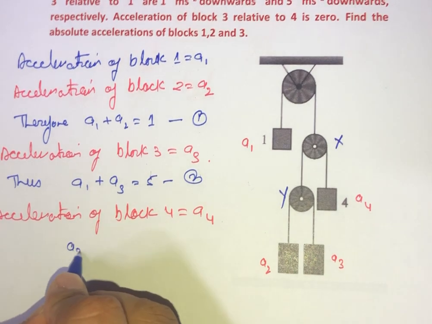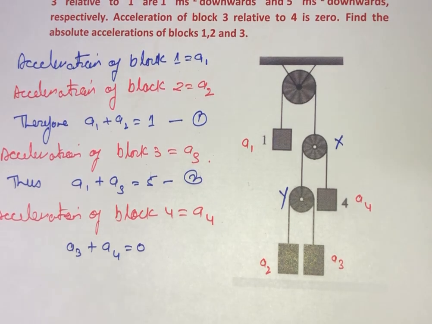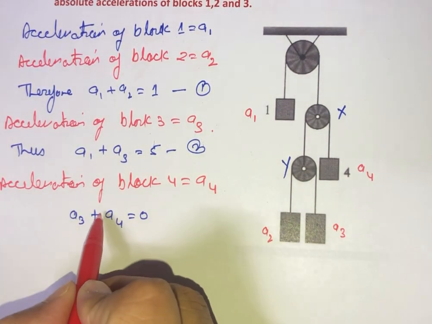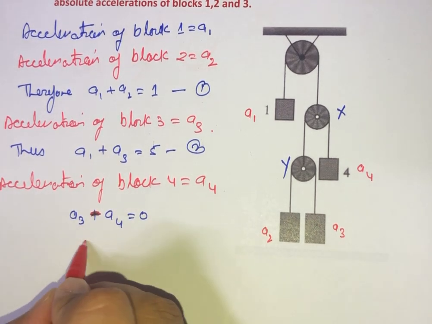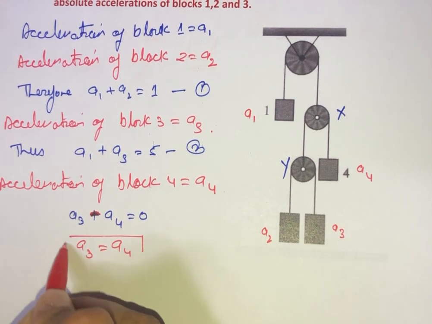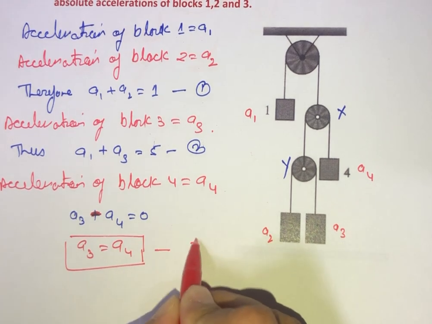So you can say that a3 minus a4 is equal to 0, sorry, here it is minus, my mistake. So here we can say that a3 is equal to a4, and let us call this as equation number 3.